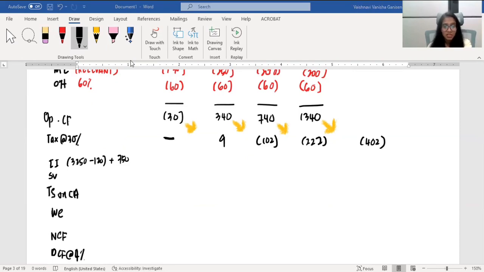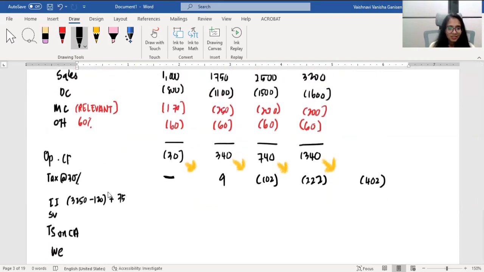So it should be 3880 in year one. Your scrap value, remember, was 4.5 million.